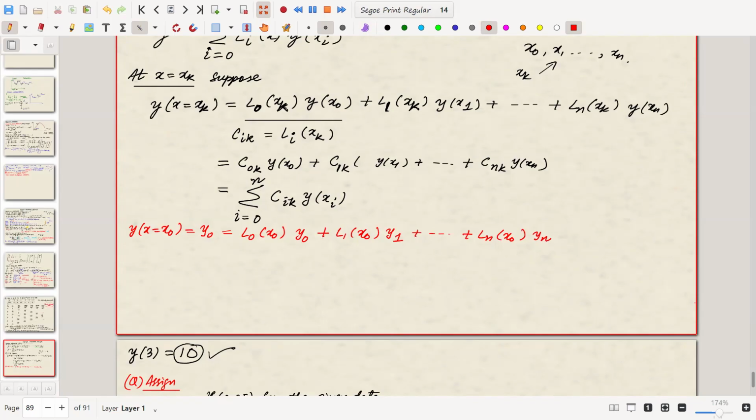What is the left hand side? What is the right hand side? Now can you see something happening? Is there a y0 term on the left? Is there a y0 term on the right? If y0 equals something involving y0, what should it be?